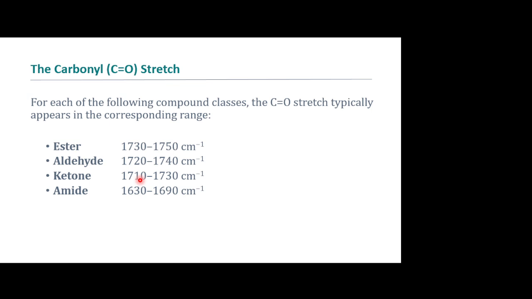Right here we have our ketone, and that's going to be at 1710 to 1730. Notice again that's on the lower side than the aldehyde. Now, can you use this as absolute proof? I have it lower. It's at 1724. I have a what?